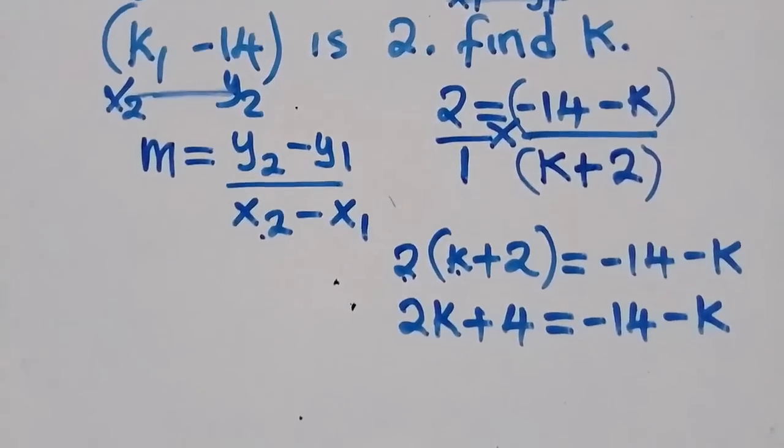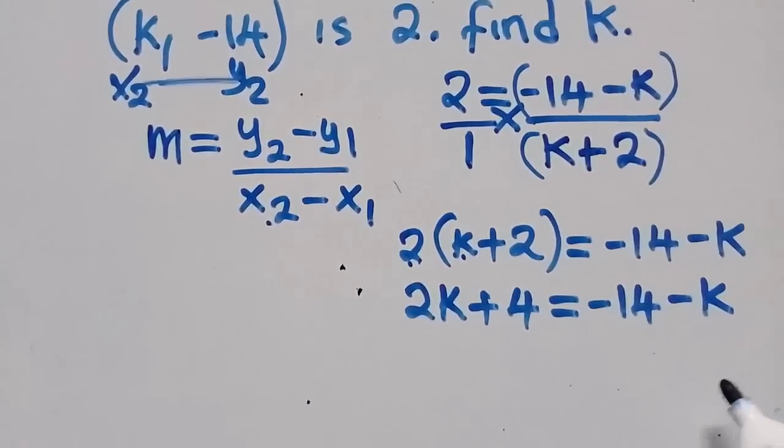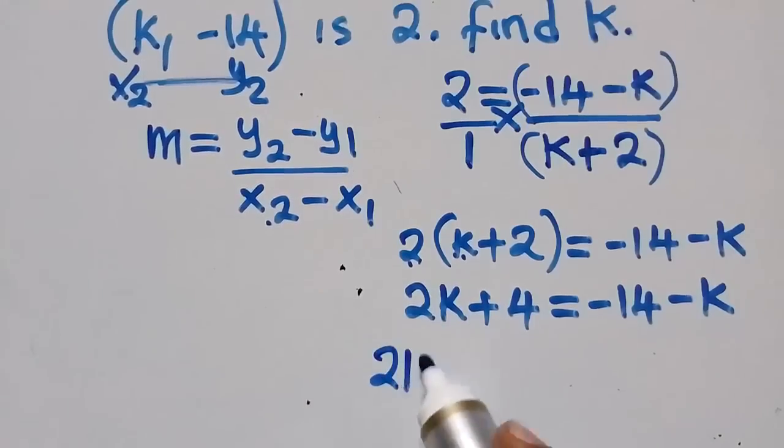This one now has become an equation, so you just need to solve it. How do you solve this equation? You group the like terms together. You say this is 2k.